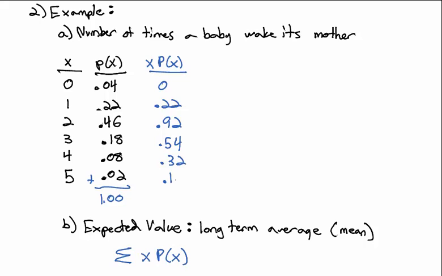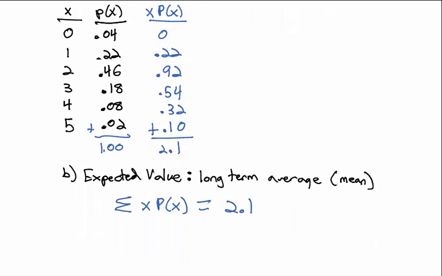And 5 times 0.02 is 0.10. If we add all of those up, grabbing a calculator, 0.22 plus 0.92 plus 0.54 plus 0.32 plus 0.10, we get 2.1. So the average expected value is 2.1, which means on average a mother is going to wake up 2.1 times per night with her baby. That's the expected value.